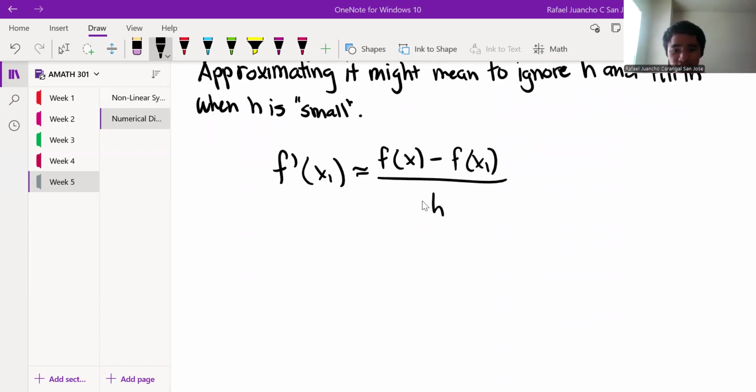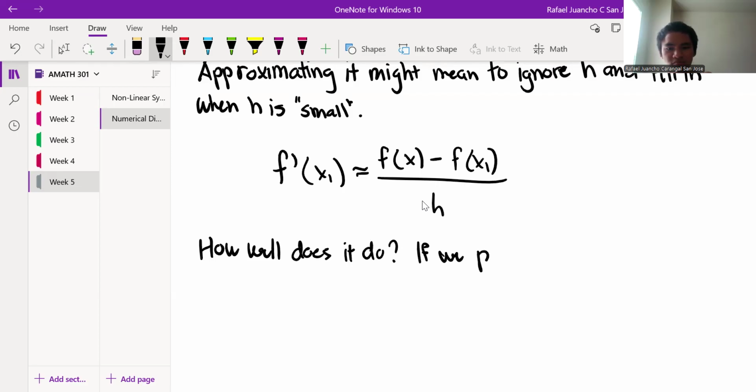Now, how well does this thing do? So if we plot, here we do a log plot. Since I'm a Filipino, log means, in my language, Tagalog, falling down.